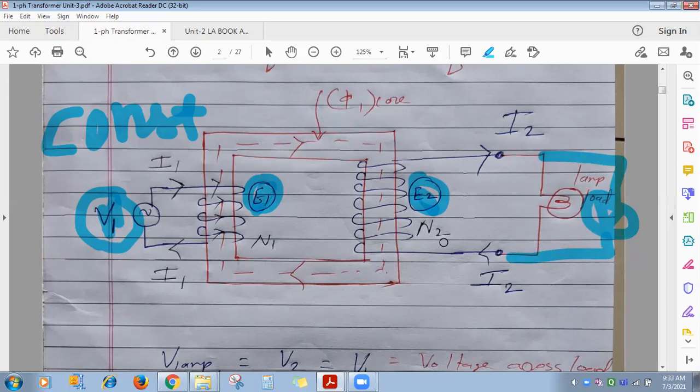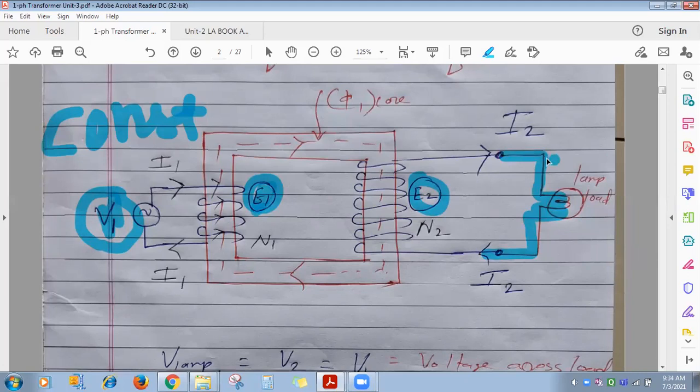So what is happening here? All these three voltages, V1, E1 and E2, are constant. Now, suppose here only one lamp I have switched on. Now I am going to switch on another lamp, then a third lamp, fourth lamp. Can you tell me how the lamps get connected, in series or in parallel?